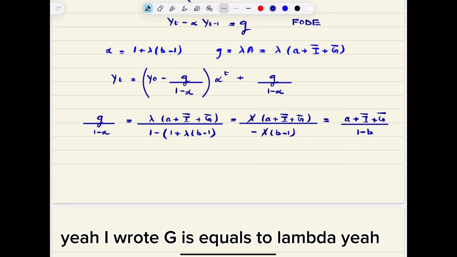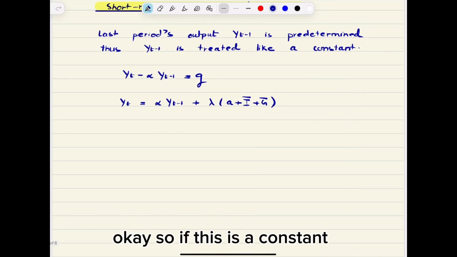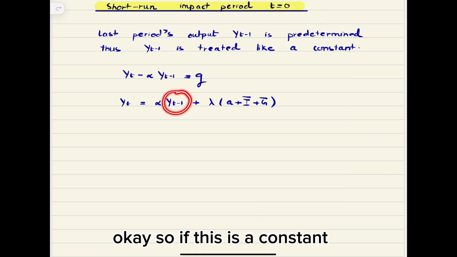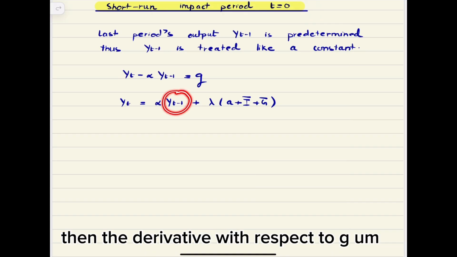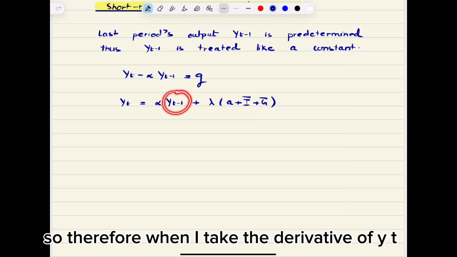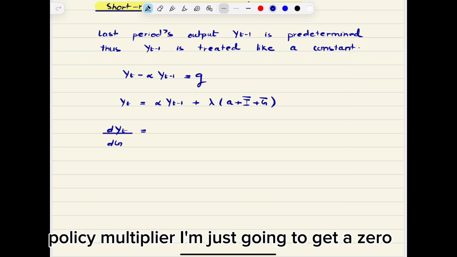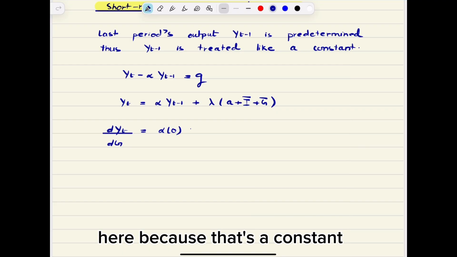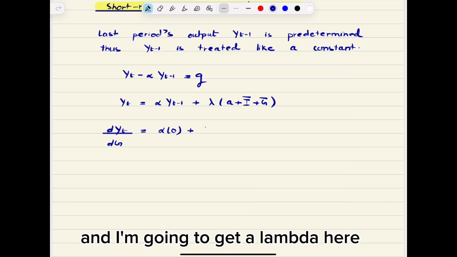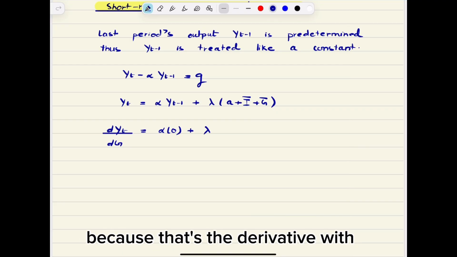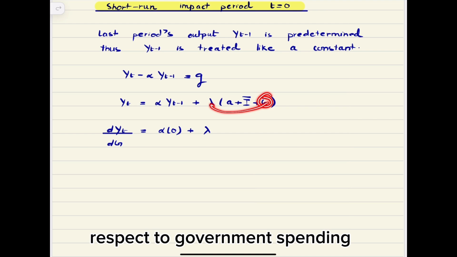I wrote g equals lambda. Okay, so if this is a constant, then the derivative with respect to G will be equal to 0. So when I take the derivative of y_t with respect to G to see the fiscal policy multiplier, I'm just going to get a 0 here because that's a constant, and I'm going to get a lambda here because that's the derivative with respect to government spending.